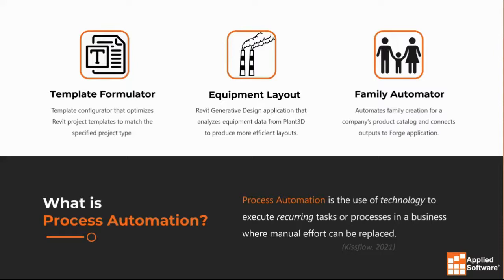I'm going to talk to you about 3 projects that I've done in the last year. These 3 projects are a template formulator, an equipment layouts tool, and a family automation tool. Now, the template formulator, just a quick synopsis, is a tool that essentially allows you to configure your base Revit template and tailor it to the project type that you're working on.